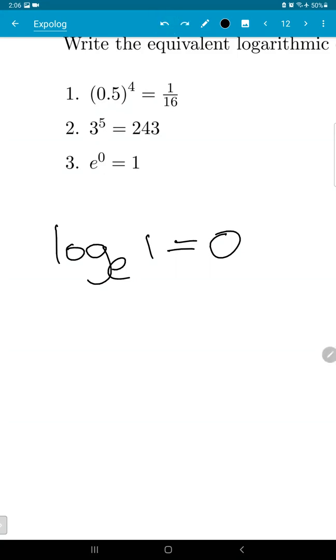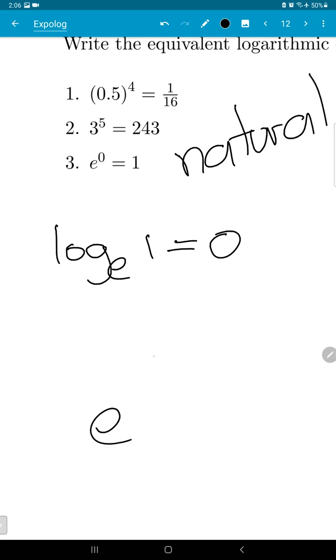We read it as logarithm of 1 to the base e equals 0. What should I raise e to get 1? Well, obviously, I have to raise it to 0. Any number raised to 0 would yield 1. Now, there's a special notation when we use e as our base. It's actually called the natural base, the natural number.